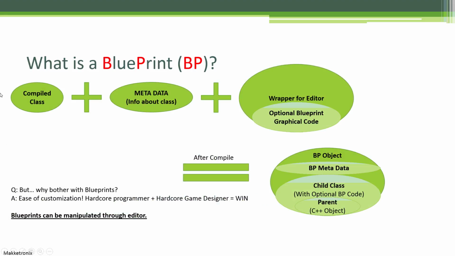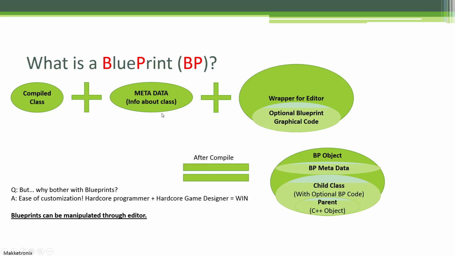So what's a blueprint? Imagine that you have a compiled class and the metadata associated with it, and you can wrap the compiled class and the metadata with some wrapper, and you can add optional blueprint code or graphical code.